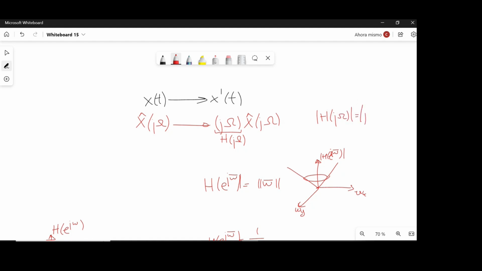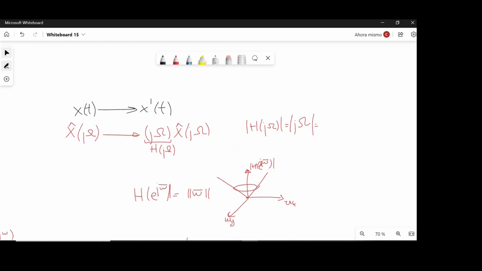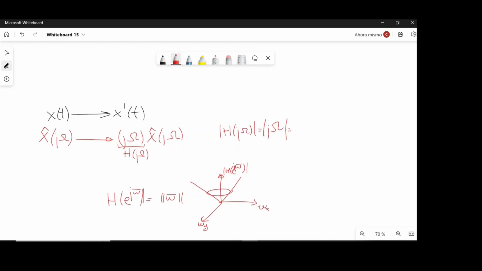The module of j omega is the module of j times the module of omega, and the module of j is 1, so this is the module of omega, which is what we have in here.